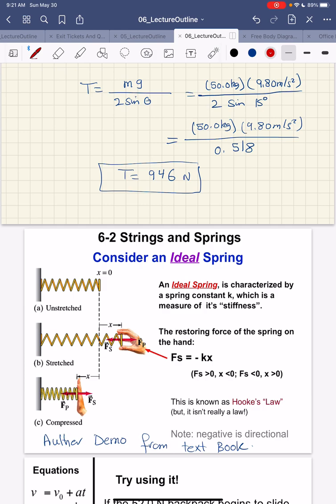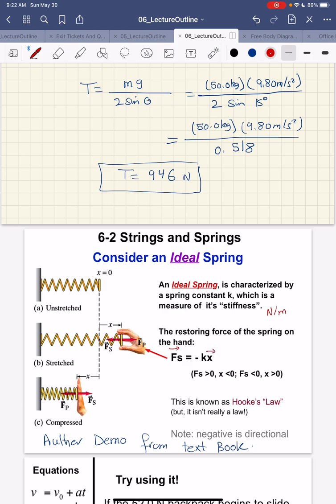This one is characterized by a spring constant k, which is the measure of its stiffness, and it is measured in newtons per meter.